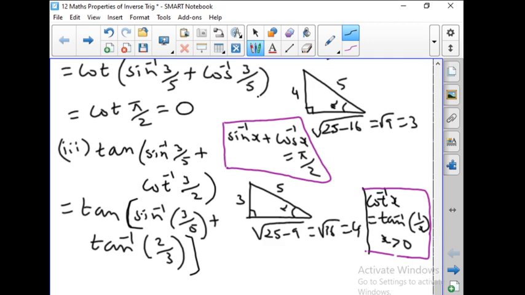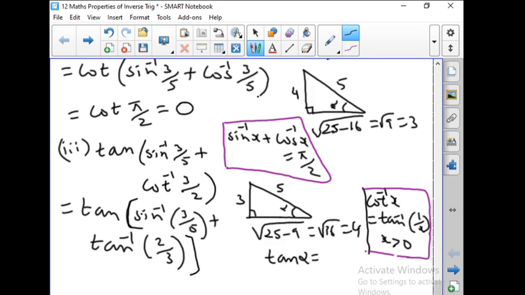Now we have to change sine inverse of 3 by 5. From this diagram, what is tan alpha?